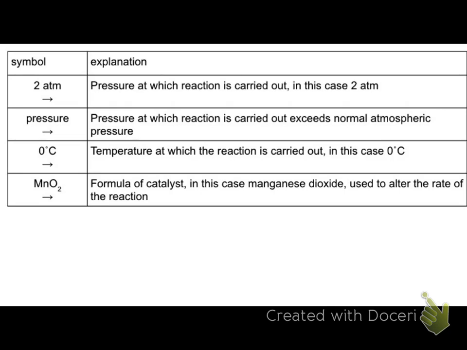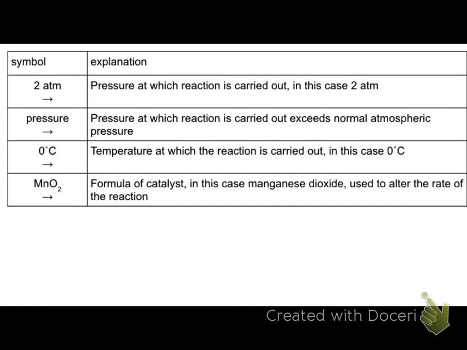So in this case, it would take 2 atmospheres of pressure. So double normal atmospheric pressure would be required in order for this reaction to take place. Okay. If it was a different pressure, they would put a different number. And they might use a different unit for pressure than ATM.